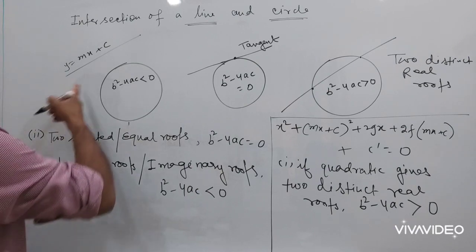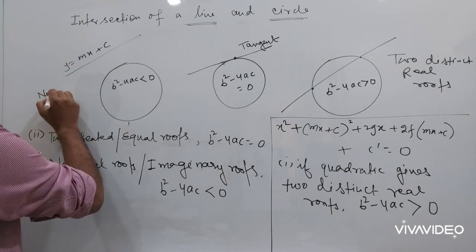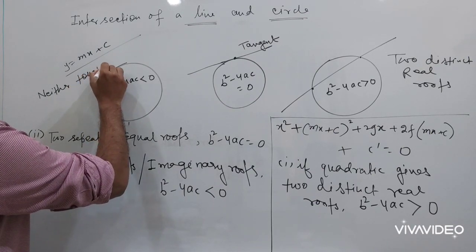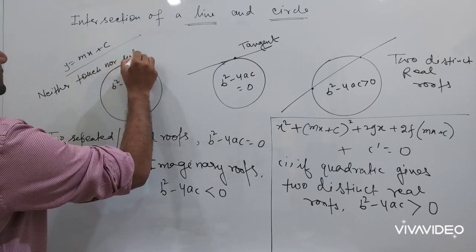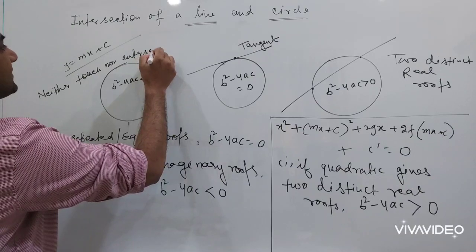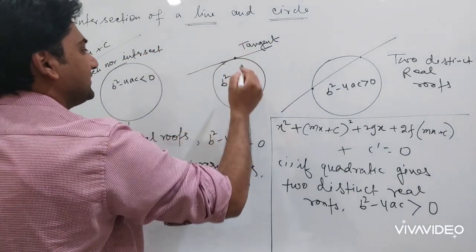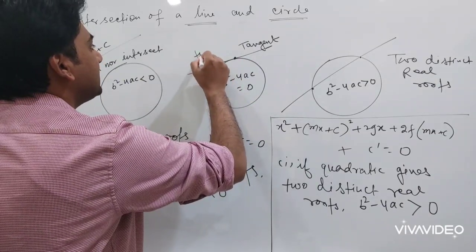Okay. So here I will write neither touch nor intersect. Okay. Tangent means touching at one point.